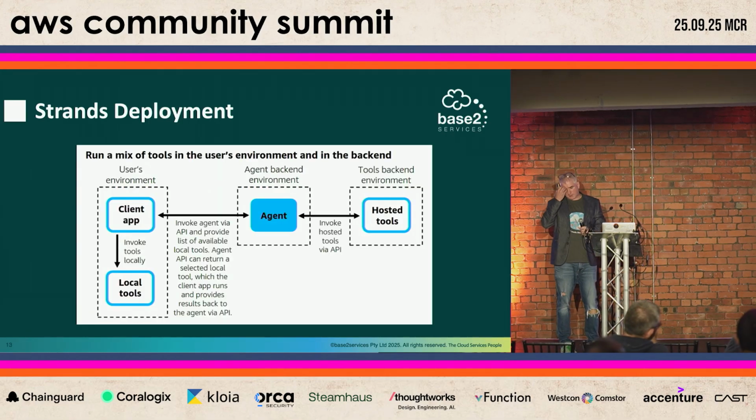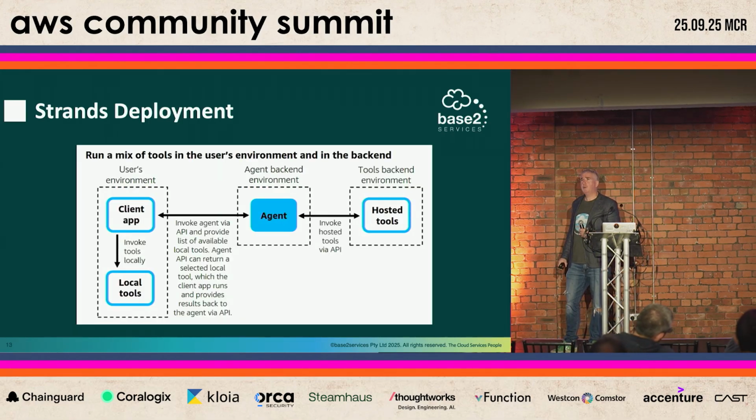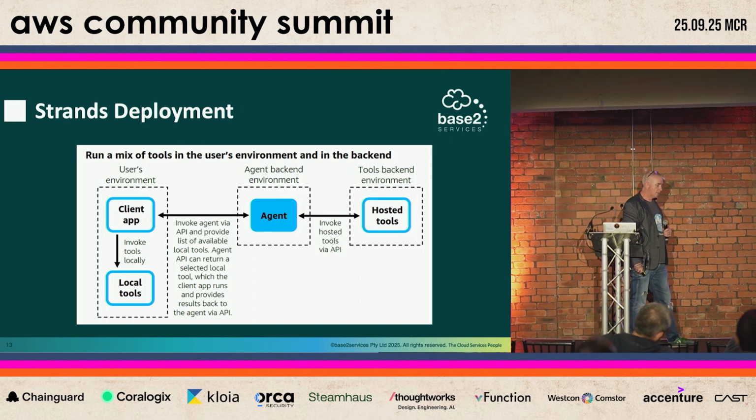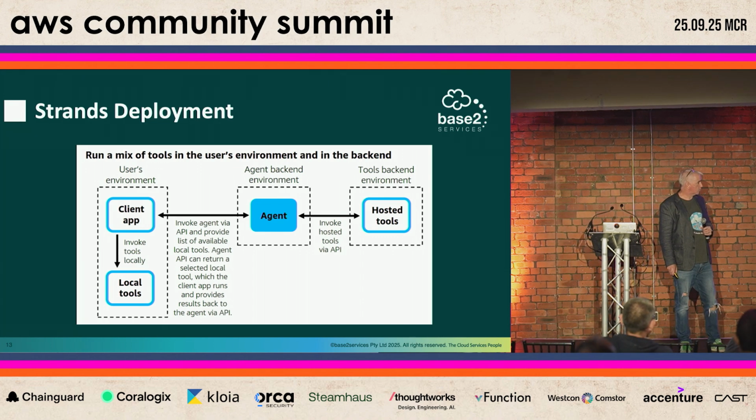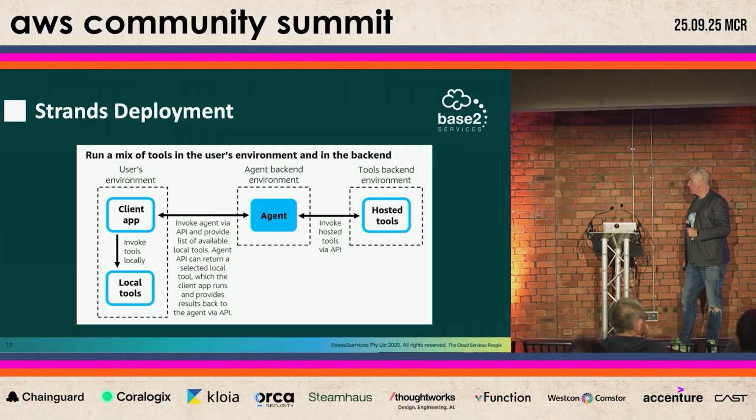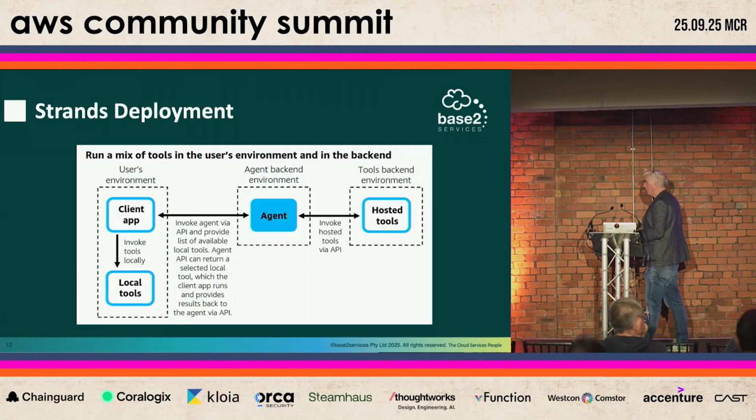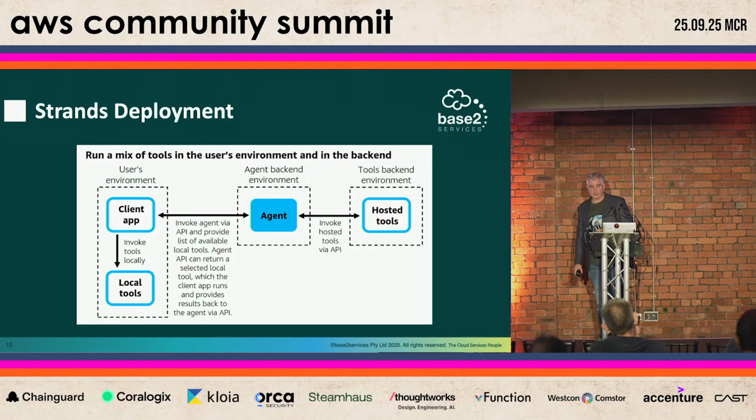Another one is probably more like what happens when you're using a local agent as well. You can have the agent running in an environment with hosted tools, so tools that are running elsewhere, but the agent might also provide a way to run local tools, right?